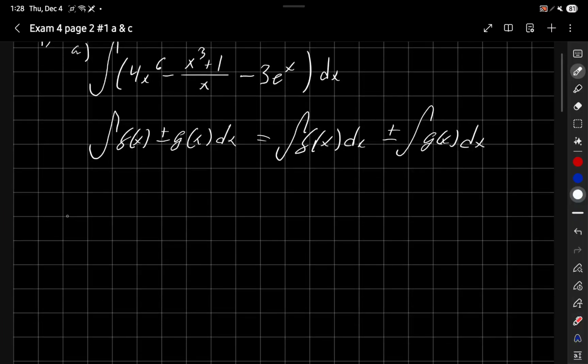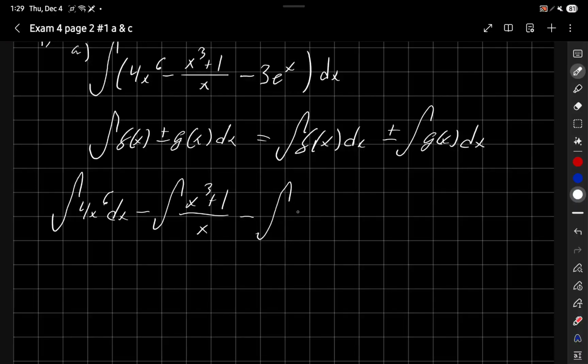So we'll just split this up into the 3 integrals. Minus x minus the integral of 3 e to the x.